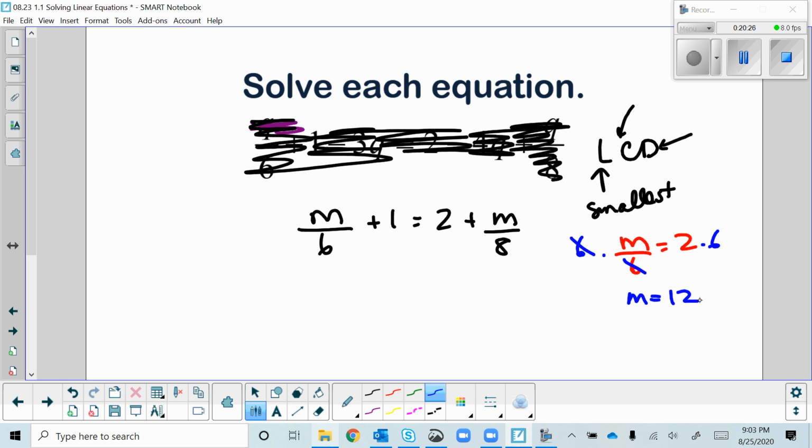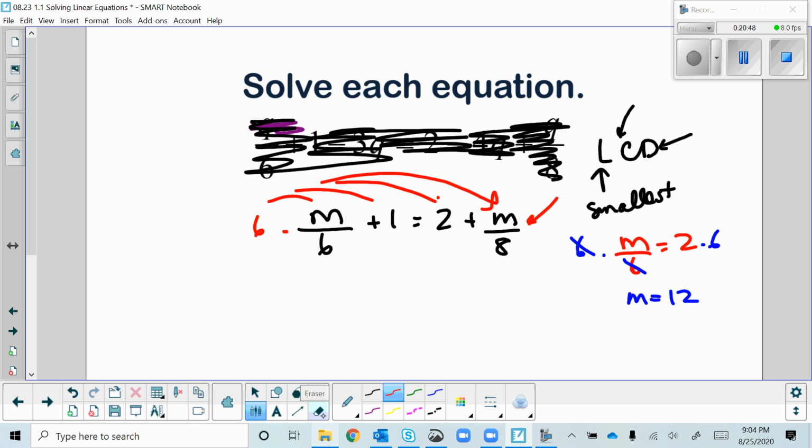The problem with this equation, if I were to try and do that, multiply everything by 6, that would be a good start, but when I got to this fraction, it would not cancel the 8 out in the bottom, and then I'd still have a fraction with a denominator.